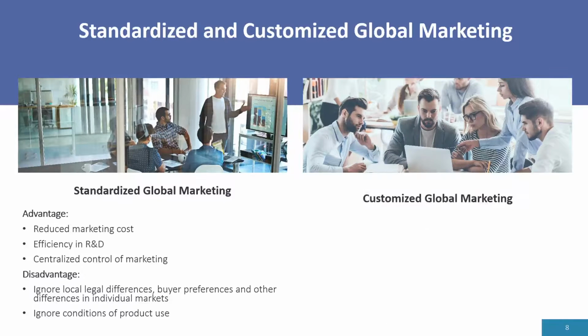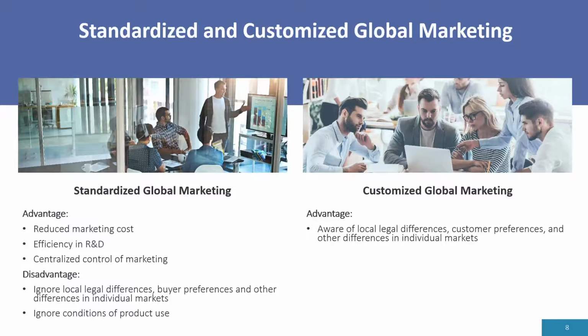And therefore, we have customized global marketing. In customized global marketing, the advantage first is awareness of local legal differences, customer preferences, and other differences in individual markets. So it's the opposite of the disadvantage of standardized. And also they customize for different conditions of product use.